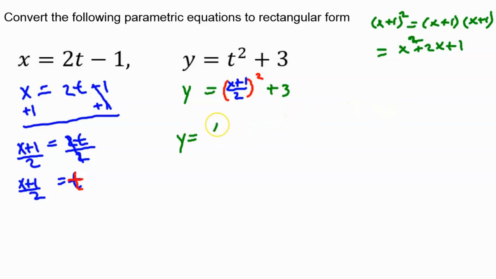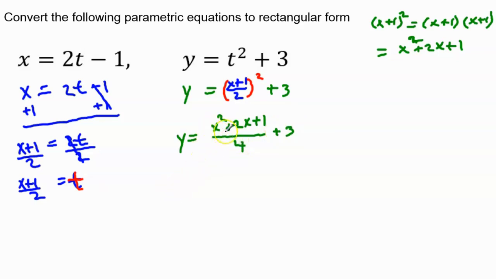So now let's write this out. The numerator now is x squared plus 2x plus 1, and that's going to be over the denominator squared. Remember, the denominator is 2. If we square 2, that's going to be 4. So we still have that plus 3.